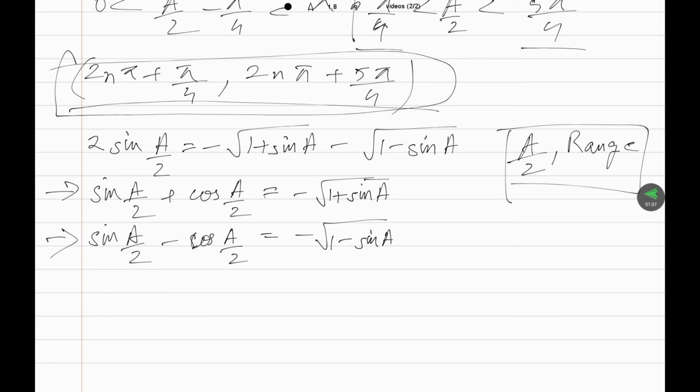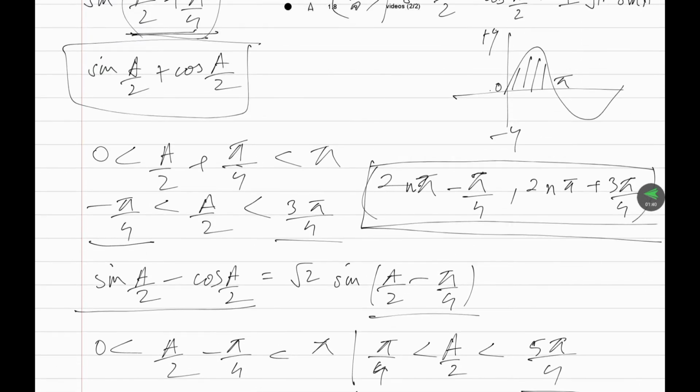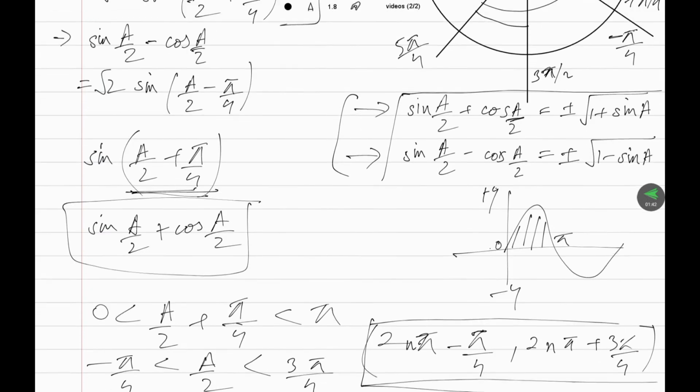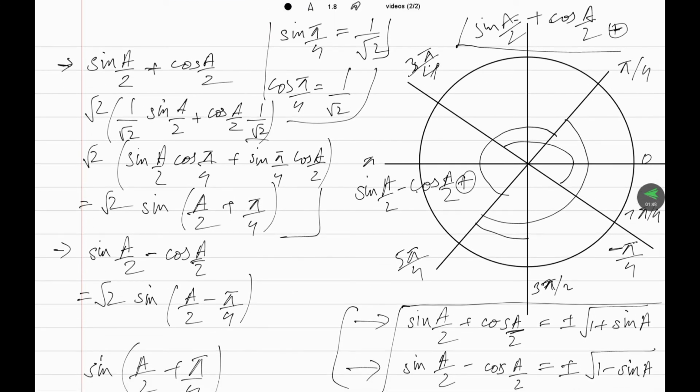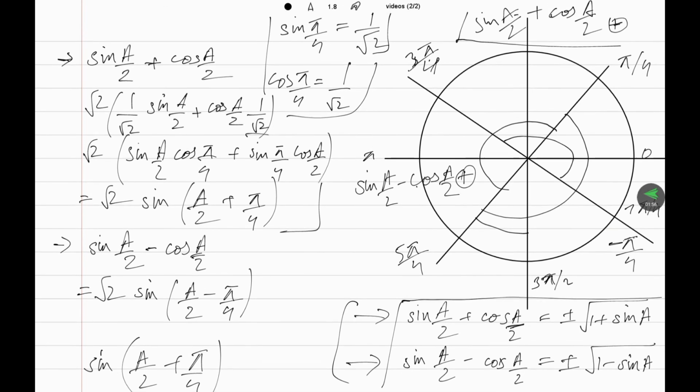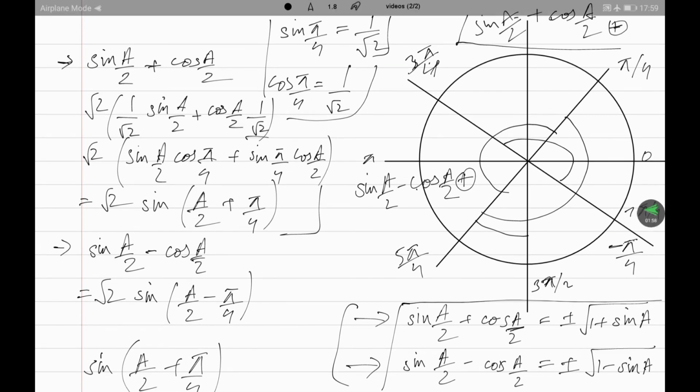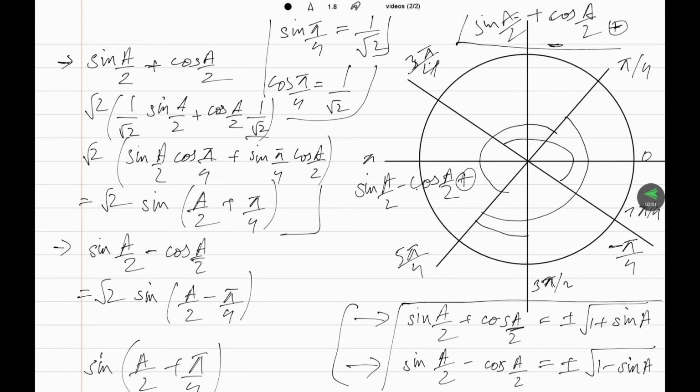So if you remember this circle, we have to take the intersection of the regions in which both of them are negative. Sine A/2 plus cosine A/2 is positive in this region, so definitely in 3 pi over 4 to 7 pi over 4 it will be negative, or negative pi over 4 to minus pi over 4.